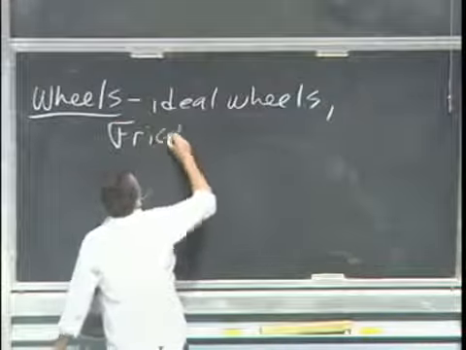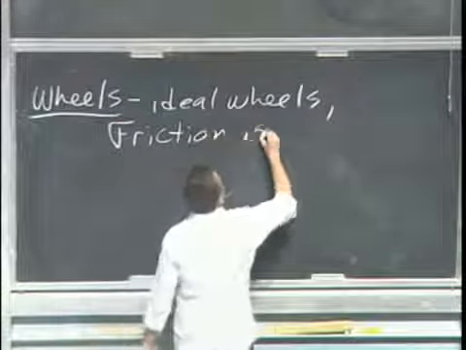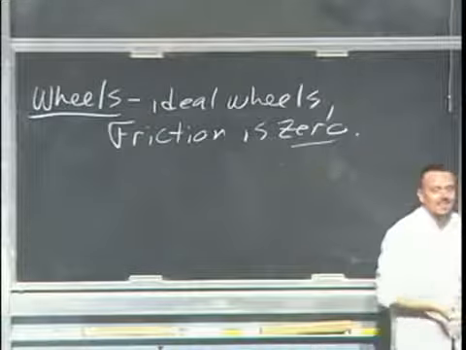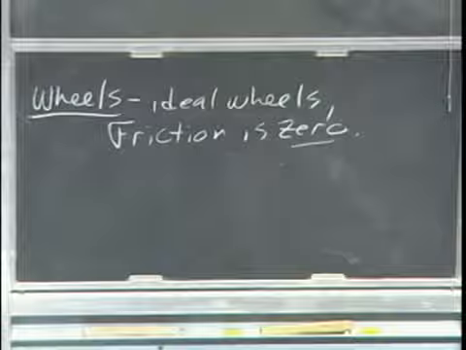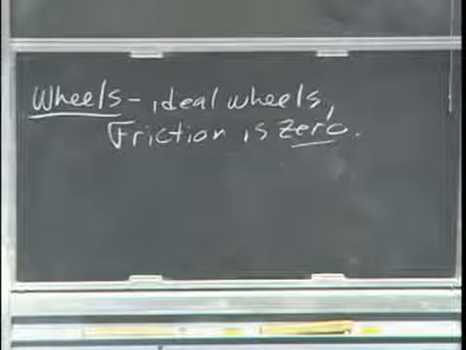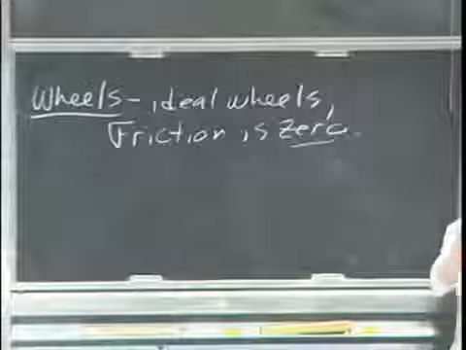the friction is 0. That is not very intuitive. The reason that a wheel will roll much further than a box will slide is because the friction acting on a wheel, when it's working properly, is 0.